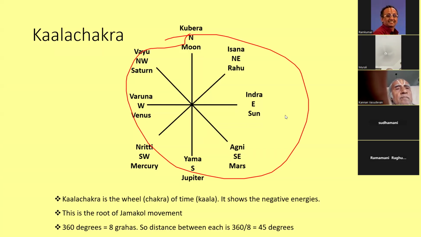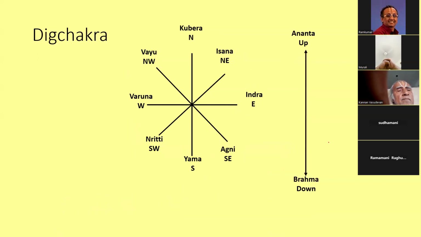Up and down. That is one question which we have to answer. Correct? So up and down are still there. Up is going to be Ketu. Down will be Lagna.